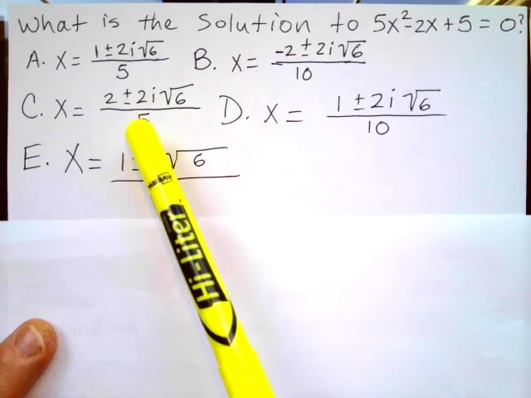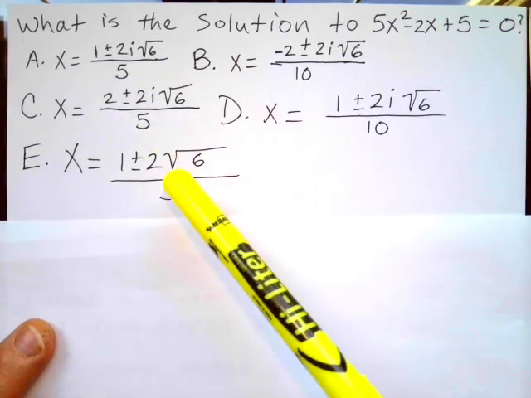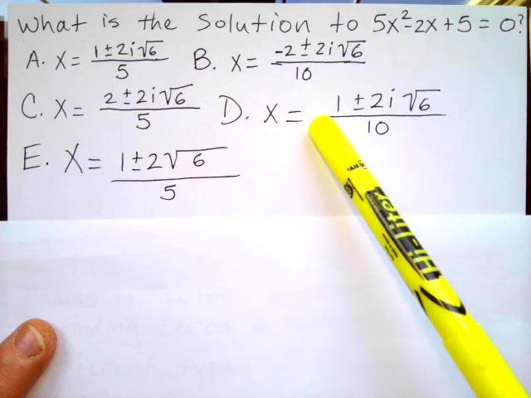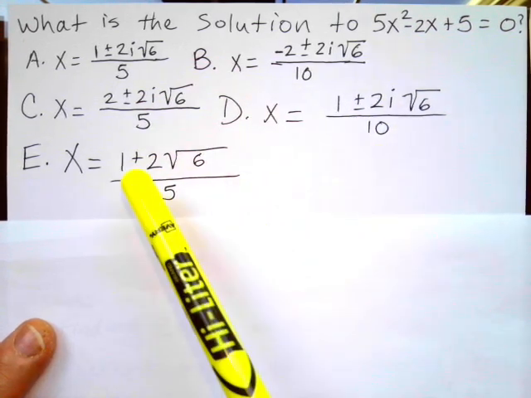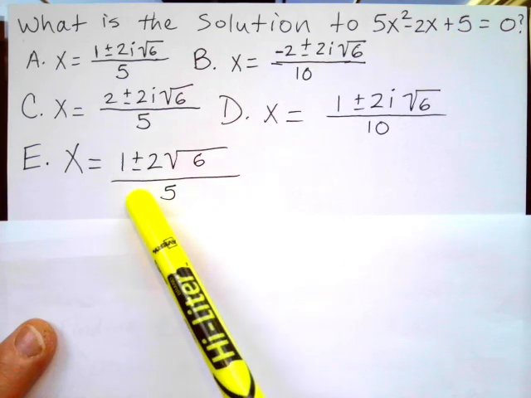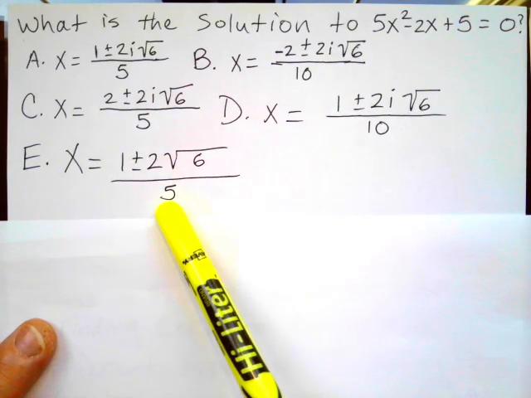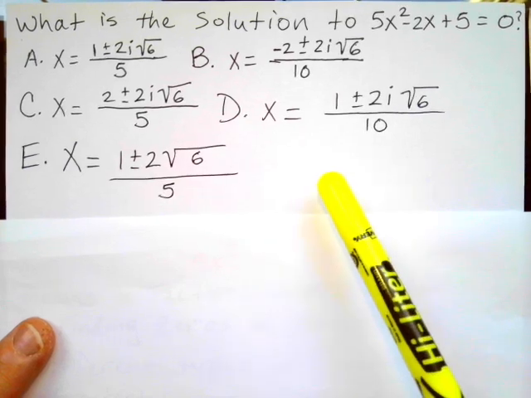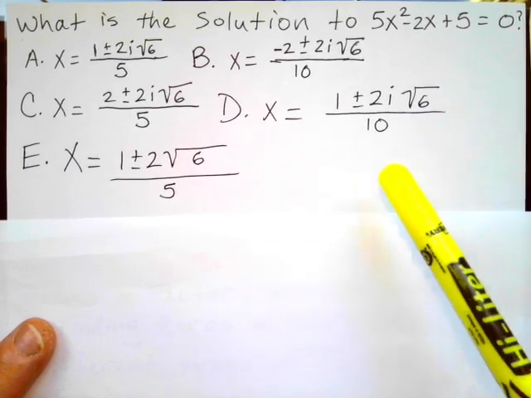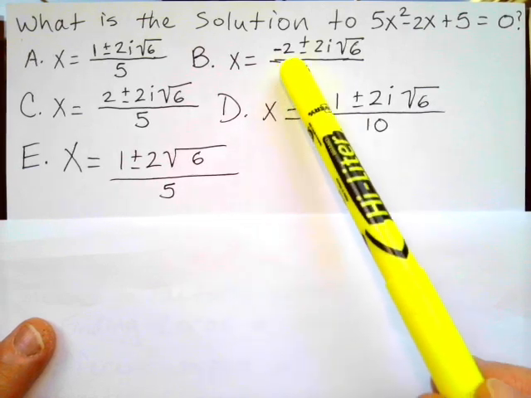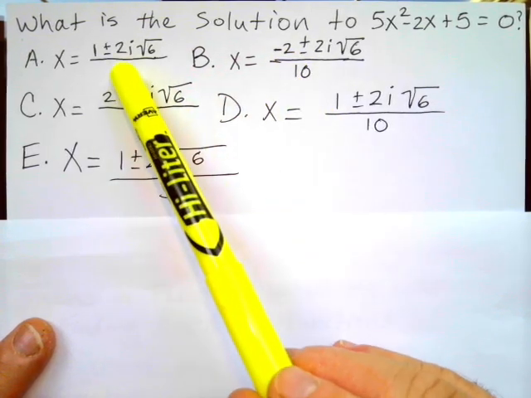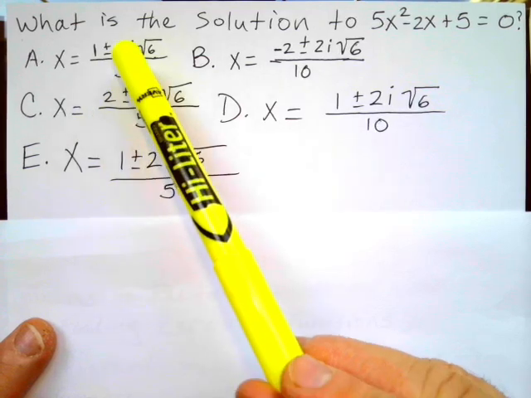But listen, in order to understand this test-taking strategy, you only have to focus on 1 over 10, 2 over 10, 1 over 5, plus or minus 2 over 5, right? Now pay close attention. If you see this in an exam, you can eliminate answers. Can I reduce the value of 1 over 5 or 2 over 5?